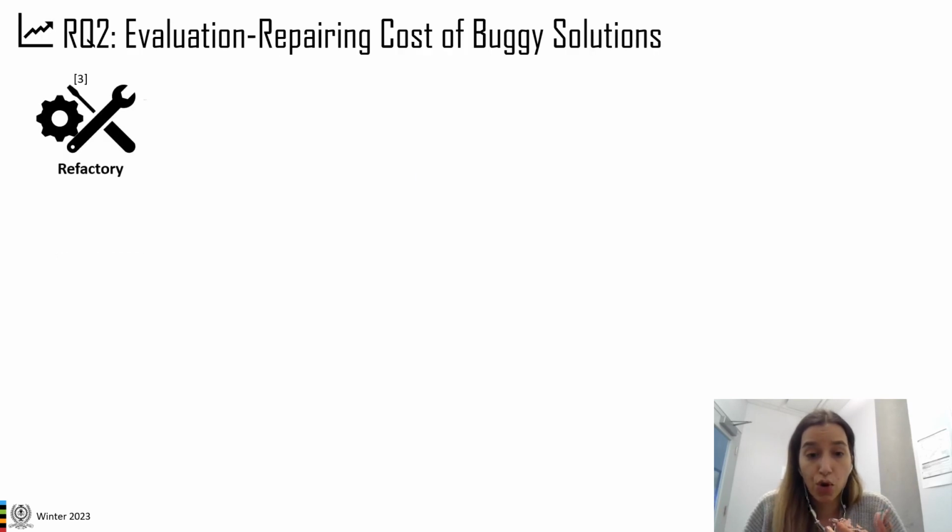To do so, we use a repairing tool named Refactory that, based on the AST of the code, given some correct solutions for the problems, can find the blocks of code based on the abstract syntax tree that need to be replaced or removed to repair the bug.